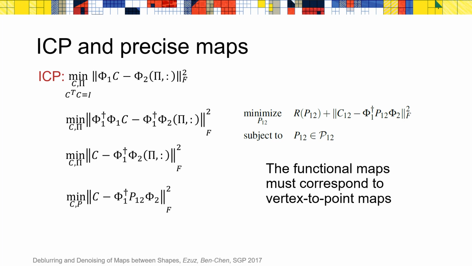A vertex-to-point map is a map between two meshes that maps each vertex of the first shape to a point that could be a vertex of the second, or a point inside one of the triangles of the second shape. So this constraint, that the functional map corresponds to a vertex-to-point map, is an additional constraint that we want to exploit in our analysis.